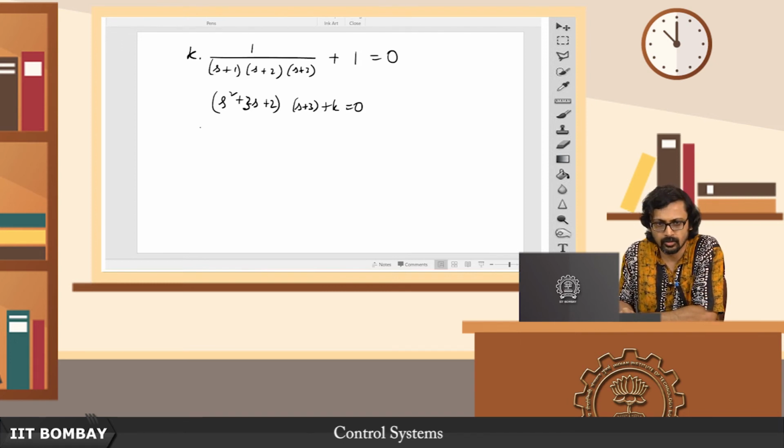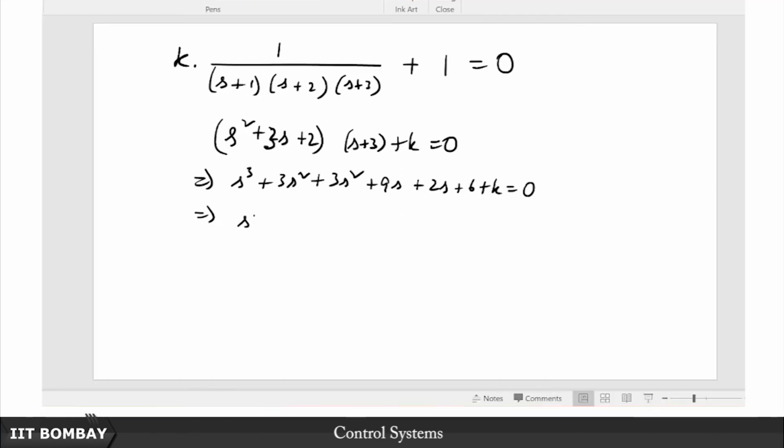So what is the final expression? It is S cubed plus 3S squared plus 3S squared plus 9S plus 2S plus 6 plus K is equal to 0. So in other words, this equation is nothing but S cubed plus 6S squared plus 11S plus 6 plus K is equal to 0. Now notice, what did the Routh array give me?